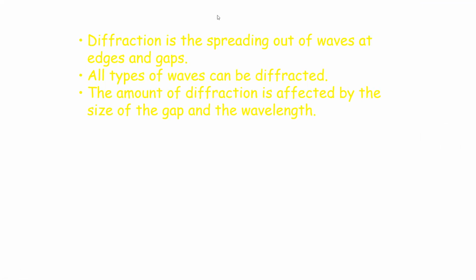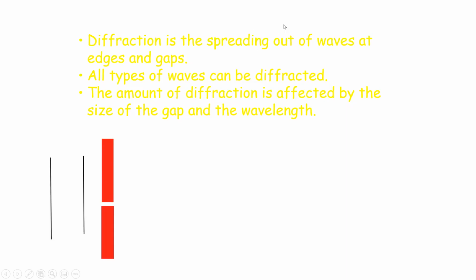So there are three ways, three scenarios, in which diffraction can occur for a wave. Number one, when the gap size is too small compared to the wavelength. Or the gap size is approximately equal to the wavelength.